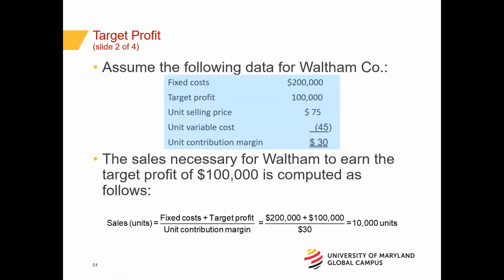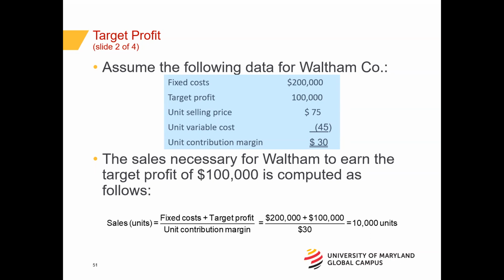Target profit, $100,000. We have a unit sales price of $75 per unit, variable cost of $45 per unit, giving us a contribution margin of $30 per unit. Remember, unit sales price minus unit variable cost equals unit contribution margin. So $30 per unit is our contribution margin.